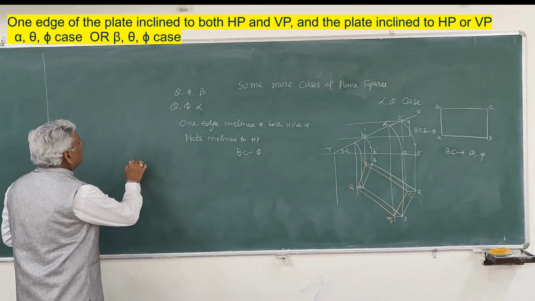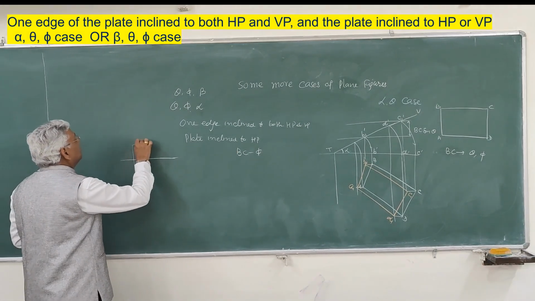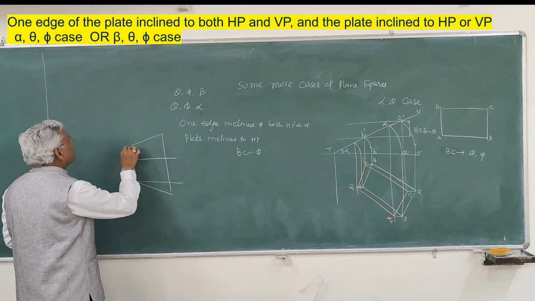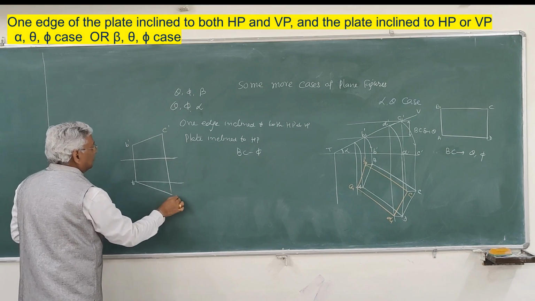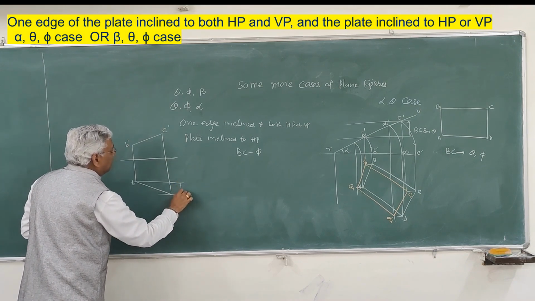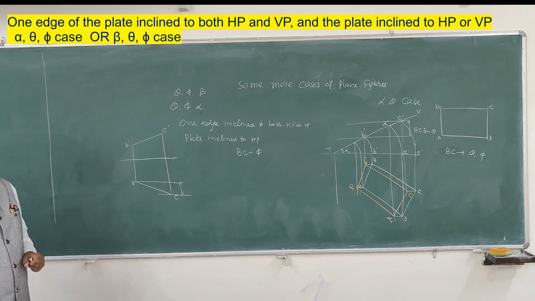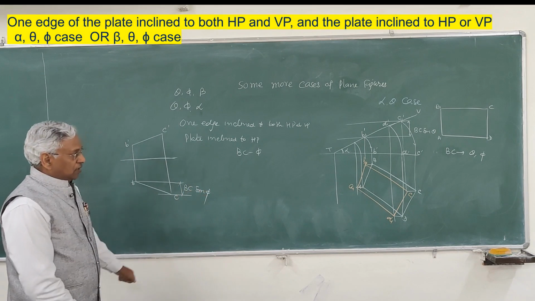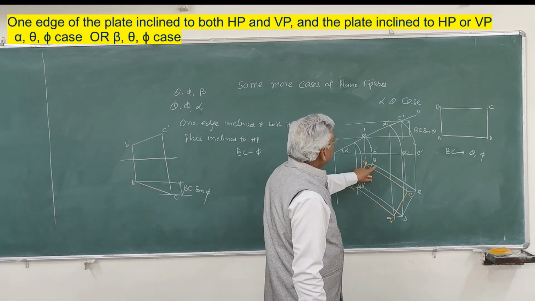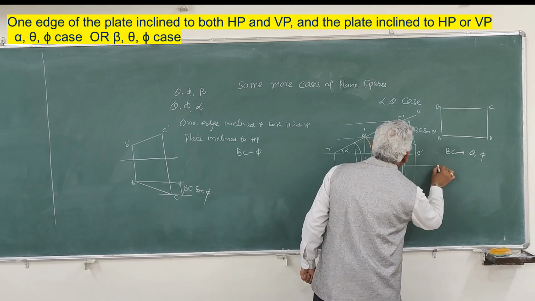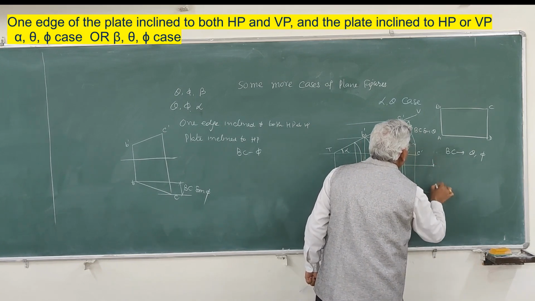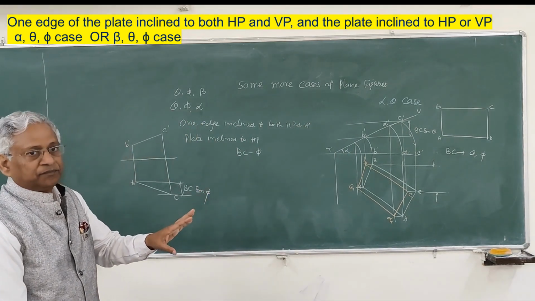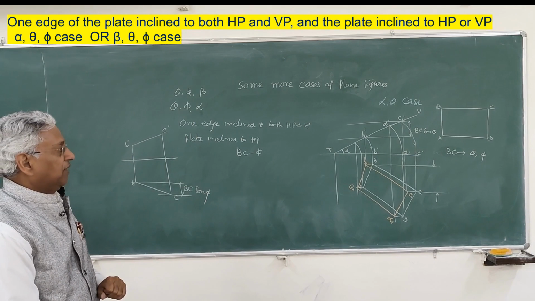And again you refer to this figure: when the line is inclined to the vertical plane, then this should be the plan difference, that is BC sine phi. So here you see BC, that is the plan difference between B and C. But this is not BC sine phi.